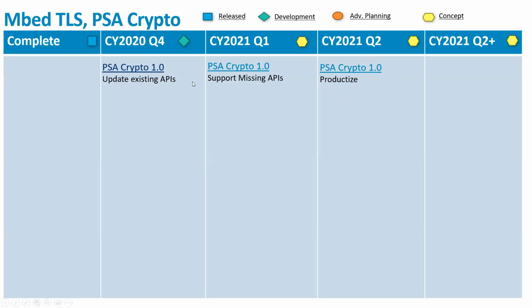But at the moment, the focus is to just implement these PSA crypto APIs, and I can post these roadmaps. There are links which will take you to the Epic board that Paul was showing, that shows all the individual APIs that we are either implementing or planning to implement.